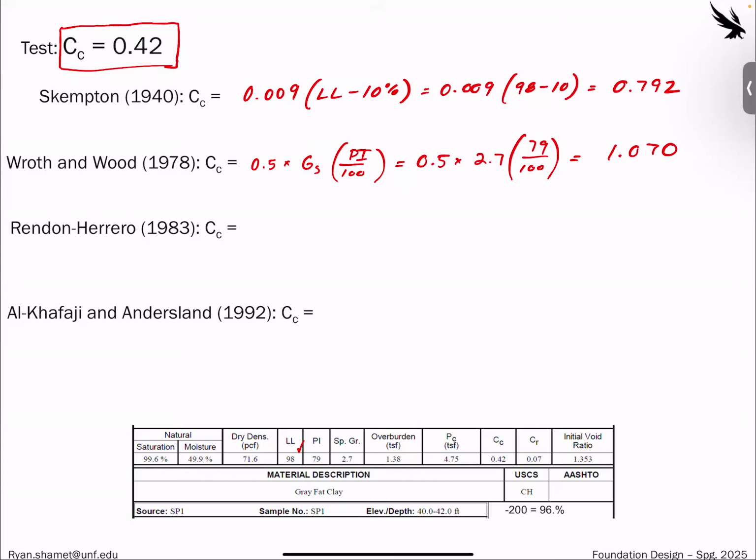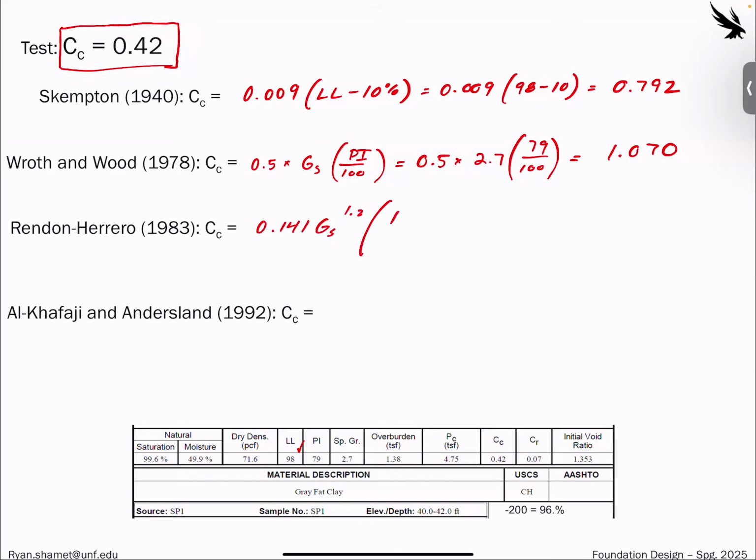All right. Rendon-Herrera. So they had a little bit more heavy statistics-based approach, not just a linear relationship. They added some power functions.